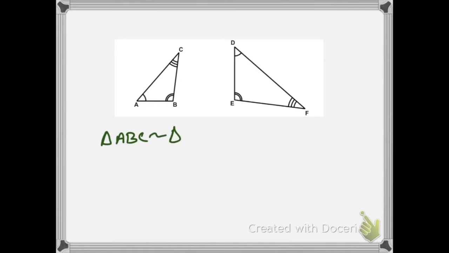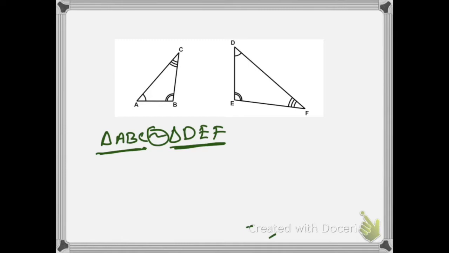Well, clearly A maps to D, B maps to E, and C maps to F. So triangle ABC is similar to triangle DEF. That means there are proportions here that we can make. What are the ratios that have to be equal?